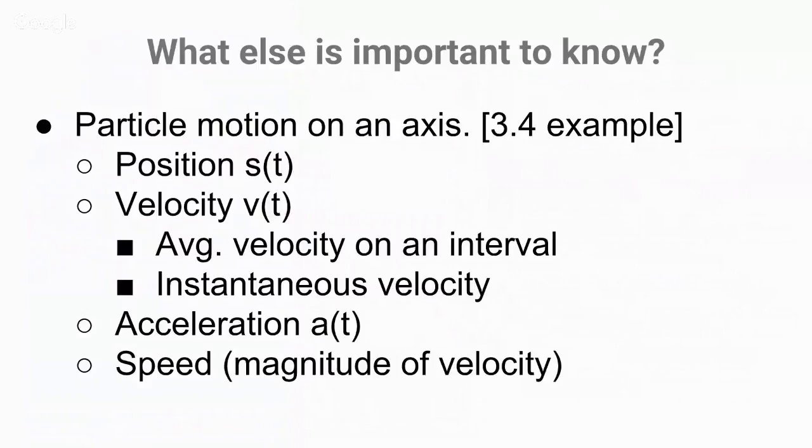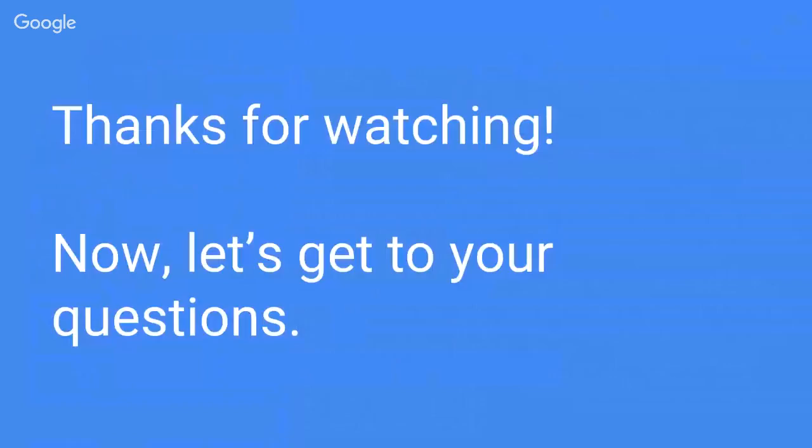It could ask for the average velocity on an interval or the instantaneous velocity at a particular time. You might even need to find the speed or when something is speeding up. And you may need to use a graph to judge whether something is moving in the positive direction or negative direction. So all that in motion is fair game for tomorrow's test. There could be a problem on particle motion.